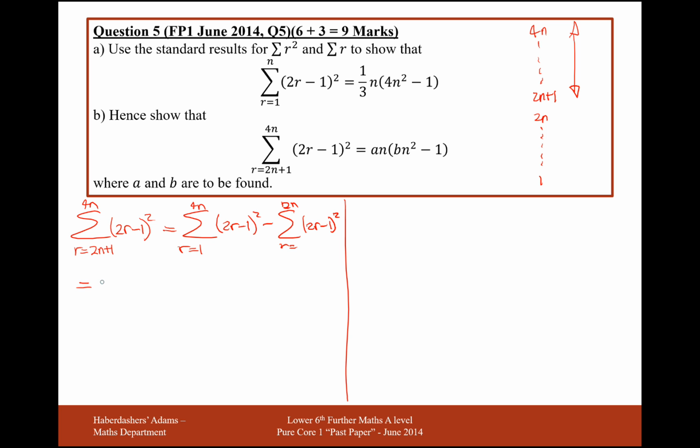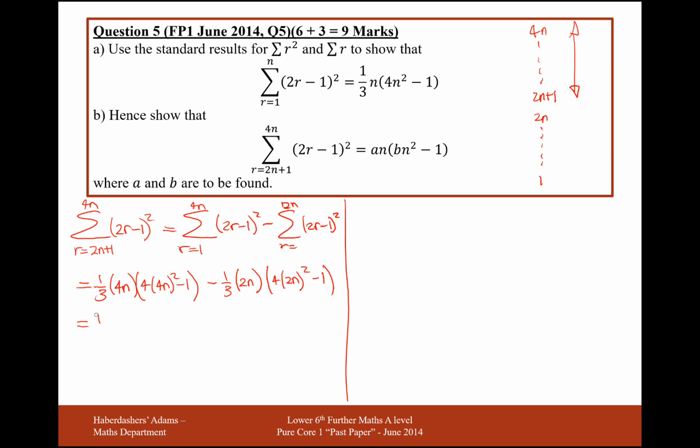So it's going to be a third of 4n, bracket 4 lots of 4n squared minus 1, take away a third of 2n times 4 lots of 2n squared minus 1. Now be really careful here where your brackets are. Make sure you're squaring the 4n, because eventually we're going to get 3 lots of 4n there.